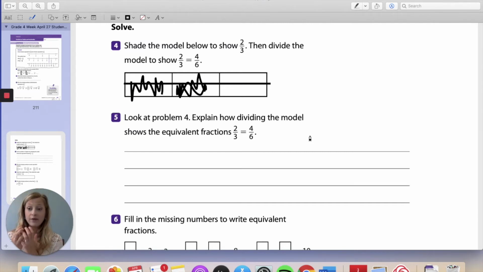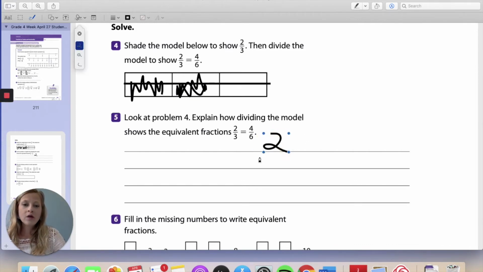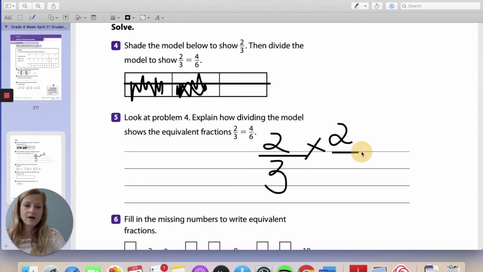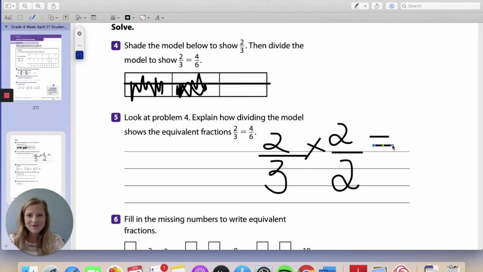It's the same thing when we find the equivalent fraction. Like if we were to find the equivalent fraction through multiplication, we would multiply 2/3 times 2/2, and let's go ahead and do that multiplication real quick just to make sure we're right. 2 times 2 is 4, and 3 times 2 is 6.